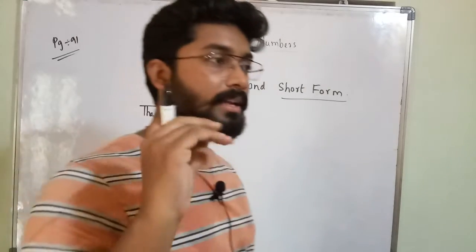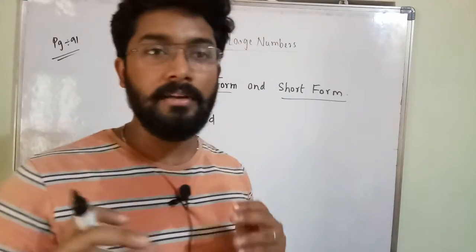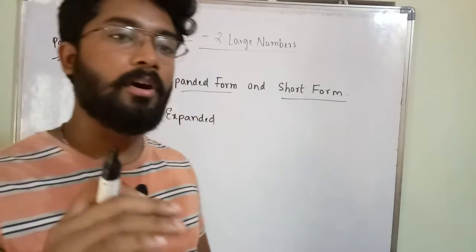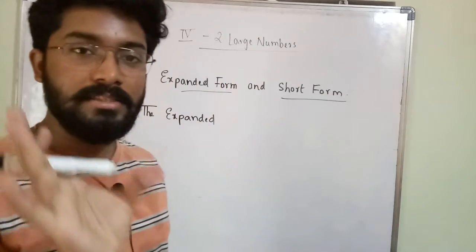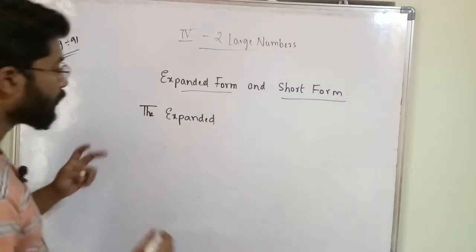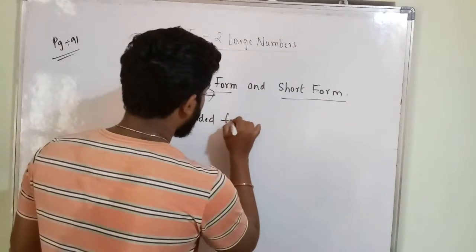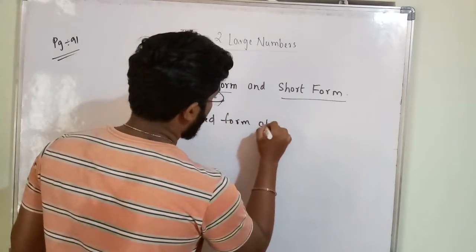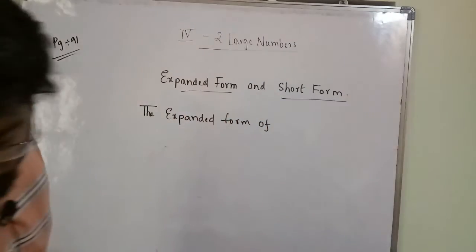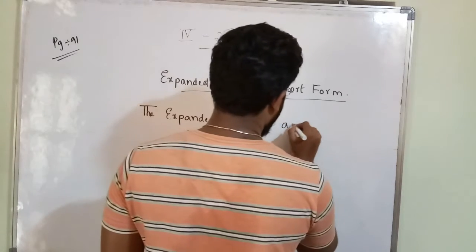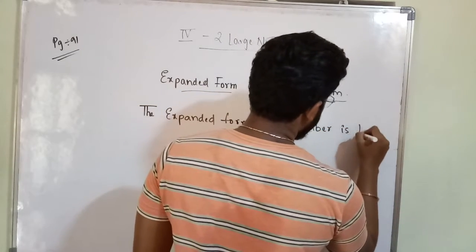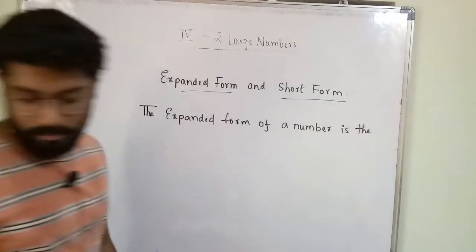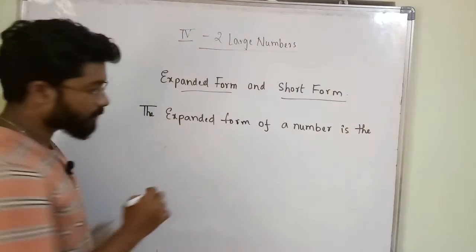I said there is a small connection between this expanded form and the place values of all the digits of a number. So how? The expanded form of a number is the sum of the place values of its digits.